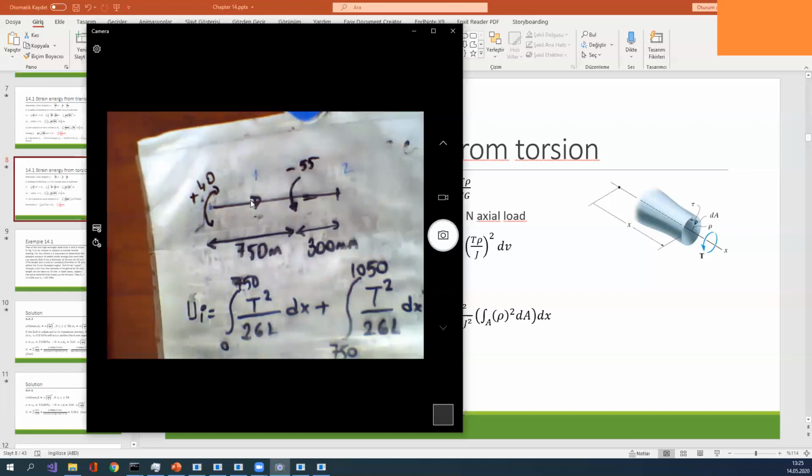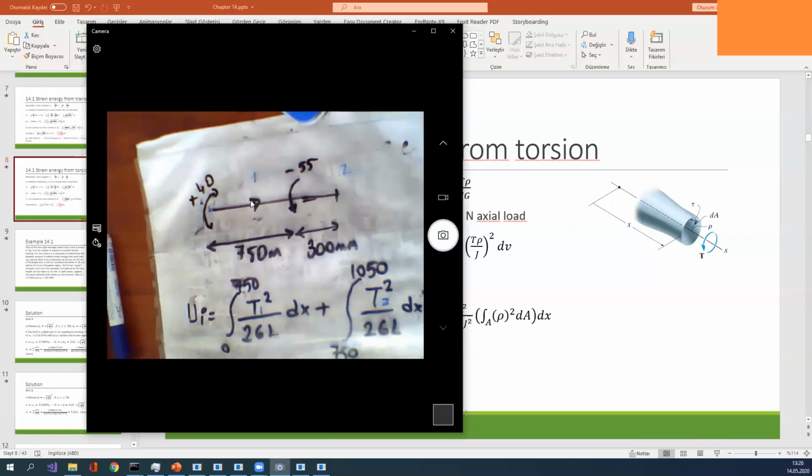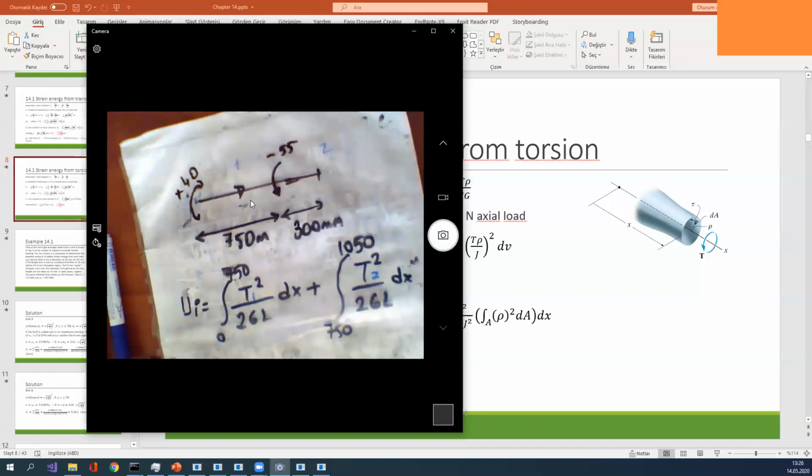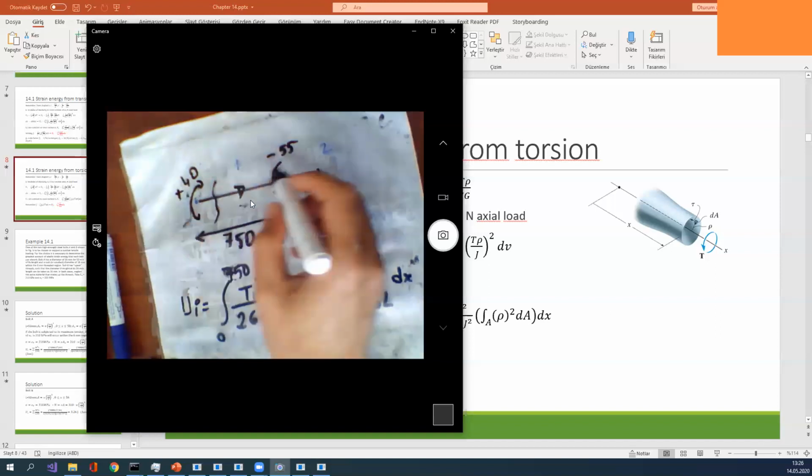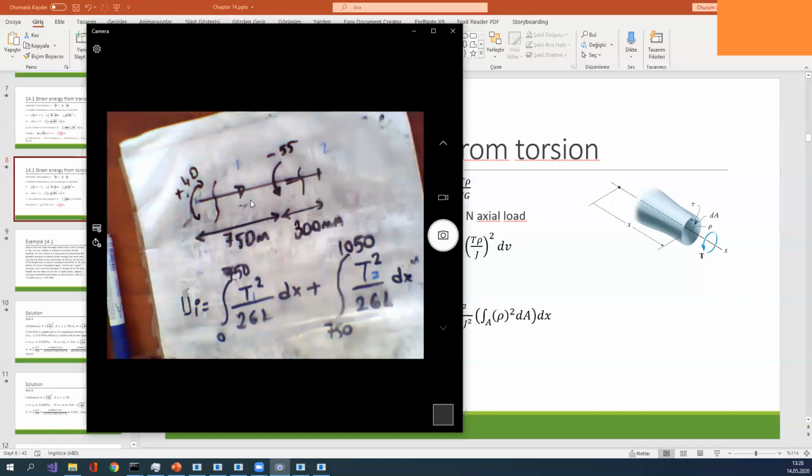So I want to use the subscripts T1 and T2 in here. What is T1? I think you can easily get it. I take a cross section here, and T1 is 40, so T1 is equal to positive 40. Also I want to take a second cross section.